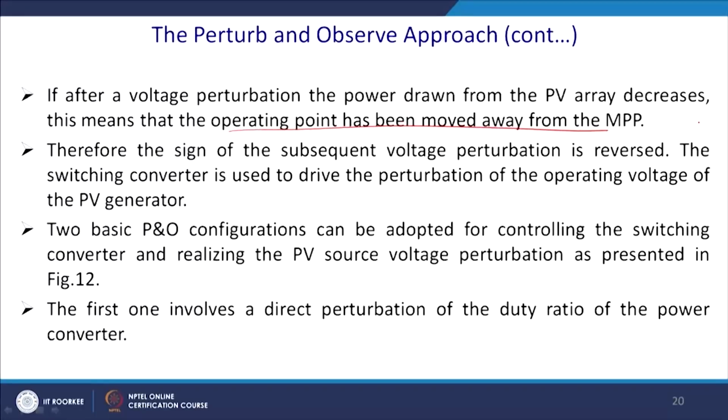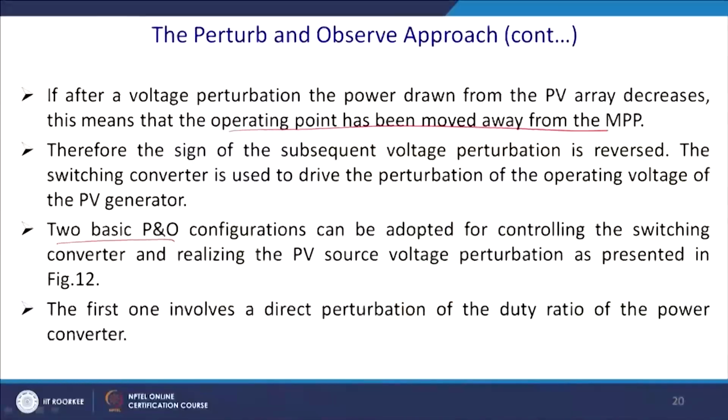Therefore, the sign of the subsequent voltage perturbation is reversed. The switching converter is used to drive the perturbation of the operating voltage of the PV generator. Students can refer to the flowchart of the perturb and observe method, which is well documented in the literature.